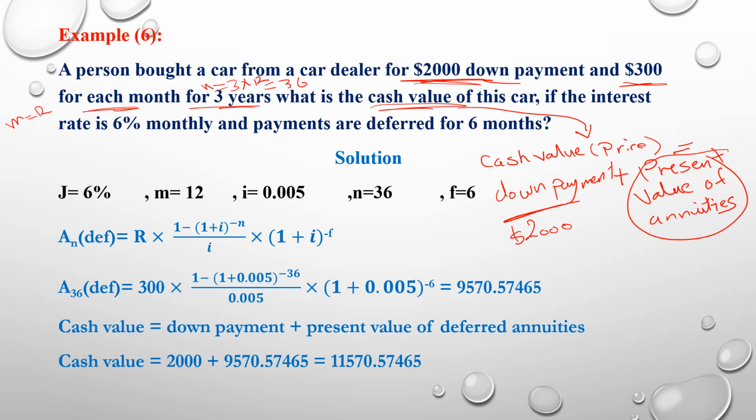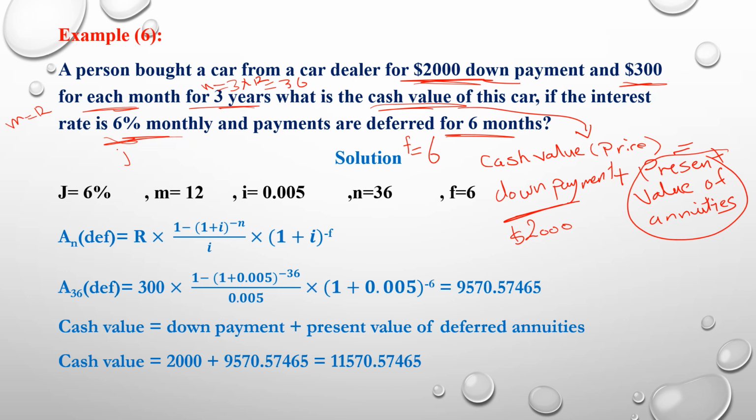As the annuities or the payments are made at the end of each month, this is a deferred ordinary annuity. The interest rate is 6% monthly, so J equals 6% and I equals J over M. Payments are deferred for 6 months, so F equals 6. You are not going to convert these 6 months as it's in months.